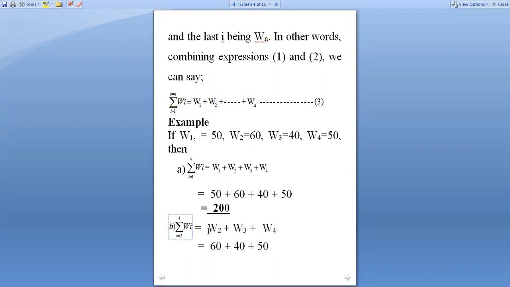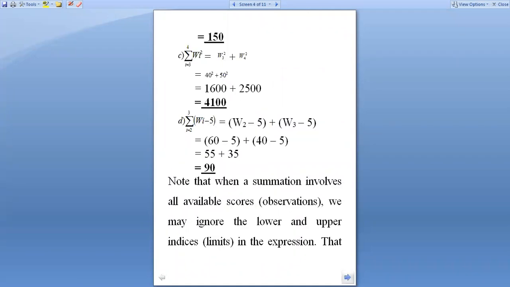So when we expand this algebraically, we shall get W2 because they told us to start from 2, plus W3 plus W4 because they told us to stop at 4. So when you substitute in these figures, according to the data given here, you will get 60 plus 40 plus 50, giving you 150 on your calculator.